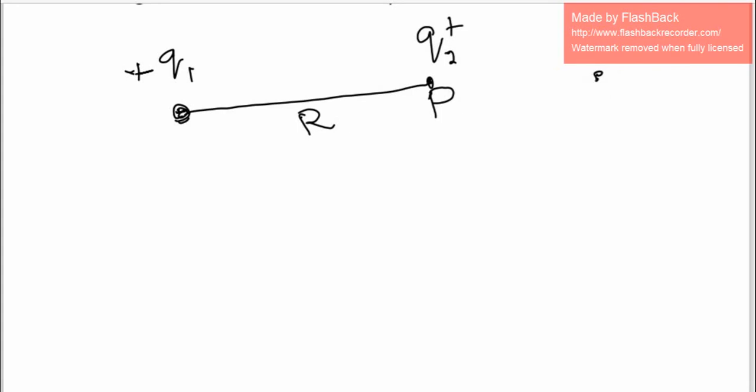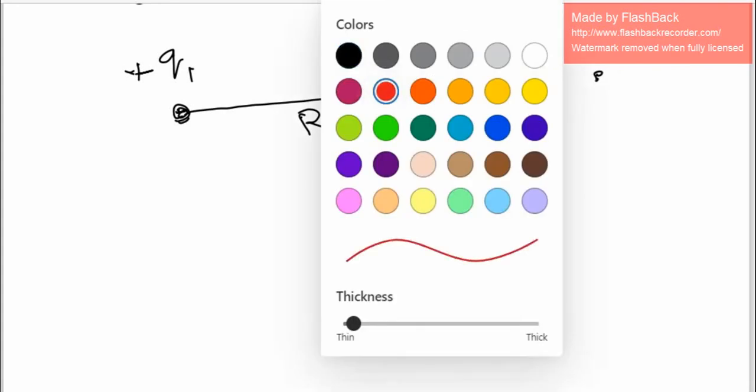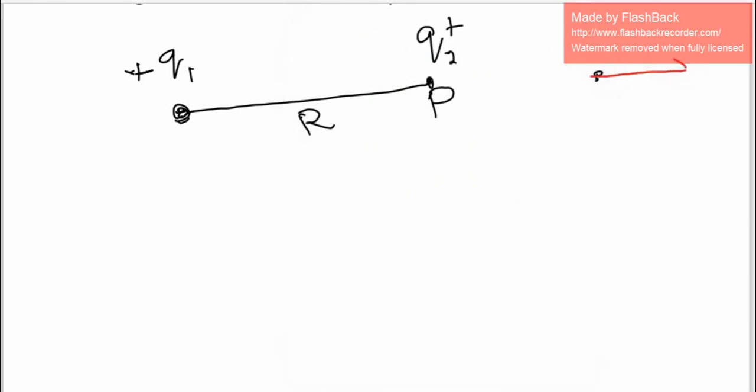The electrostatic force points outward. This is the electrostatic force acting on me. I have to overcome this force. To overcome it, I will exert a force equal in magnitude and opposite in direction. Let's say this is F1.